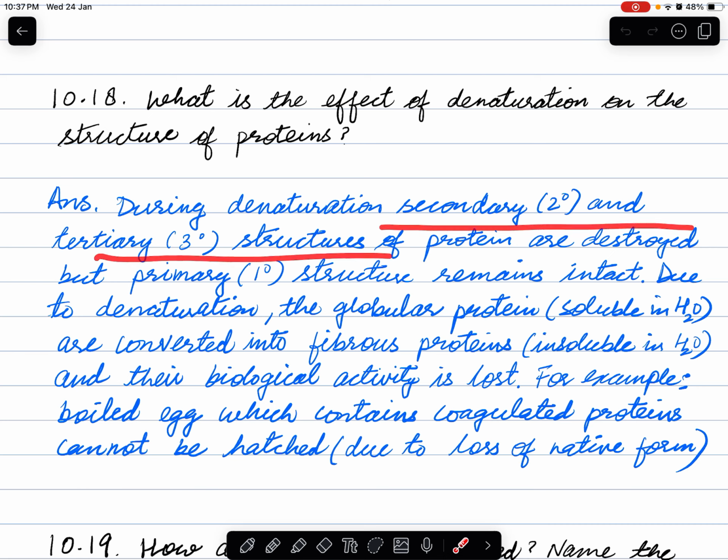If it is lost, activity is also lost. For example, when we boil an egg, the protein present in the egg undergoes coagulation, and this coagulated protein cannot show any biological activity because of the loss of native form. So this is all about the effect of denaturation.